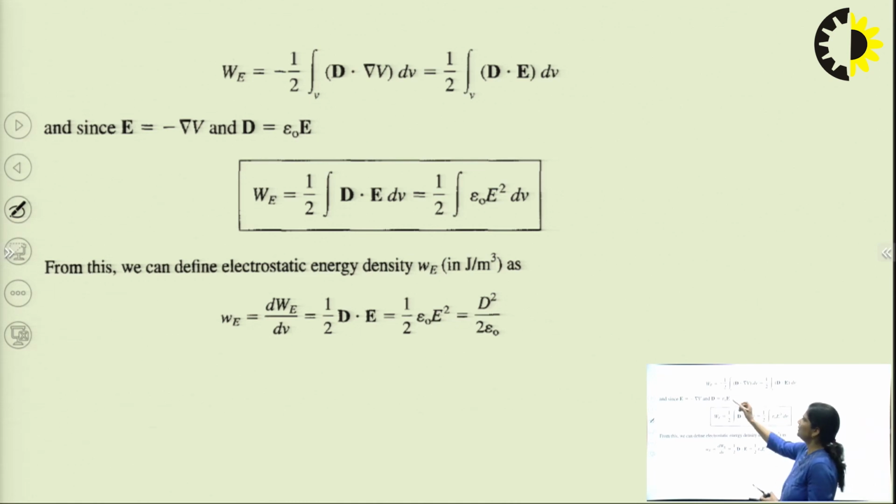Now when you are taking a closed integral, W is equal to minus 1 by 2 integration D dot del V dv, which equals 1 by 2 integration D dot E dv.